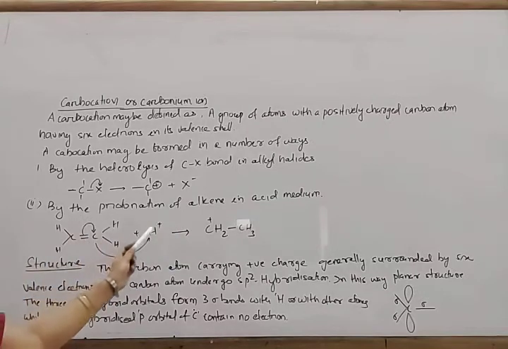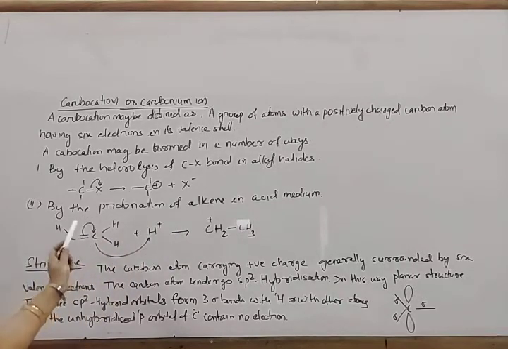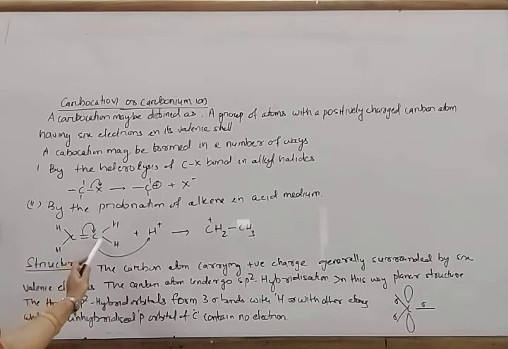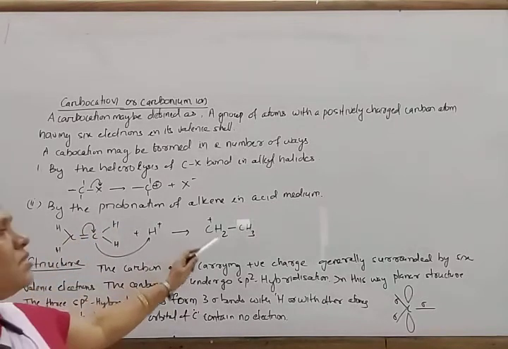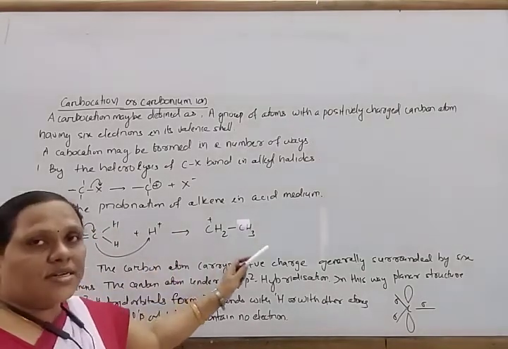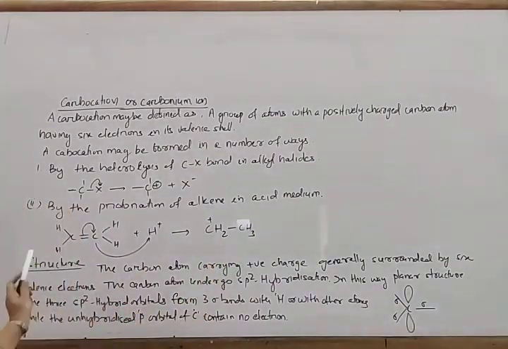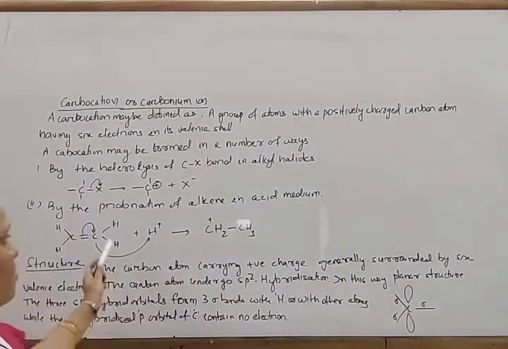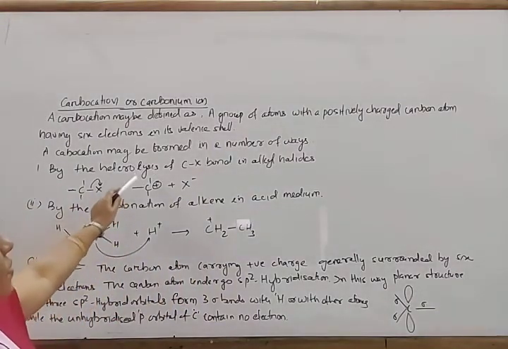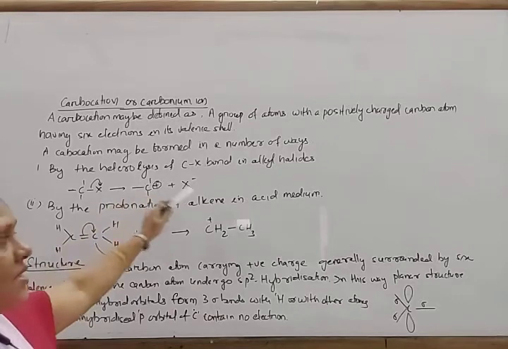Or when attack of an H plus ion takes place in case of alkene, this electron pair again shifts, and that is due to what? Due to the plus E effect. So this electron pair comes here, it is negative charge, to this H plus is added. And here this carbon gets the positive charge. In this way, a positive charge is created, a carbon atom carrying positive charge. The carbon atom carrying this positive charge is surrounded by 6 electrons, 1, 2, 3, 4, 5, 6 in its valence shell.